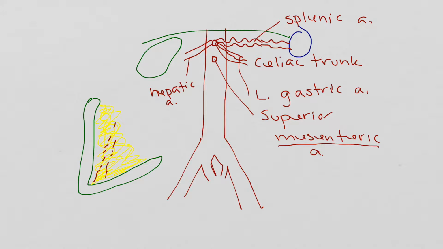There's one more artery that's not on your structures list, but you'll see it and you'll wonder what it is. Much more inferior, coming off of the anterior surface of the abdominal aorta, this is the inferior mesenteric artery.